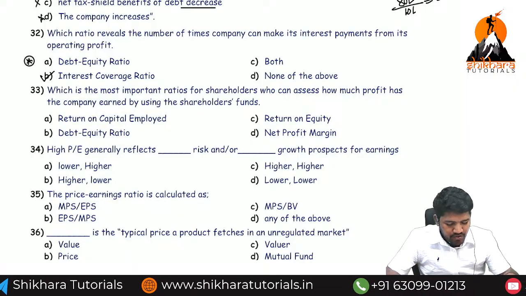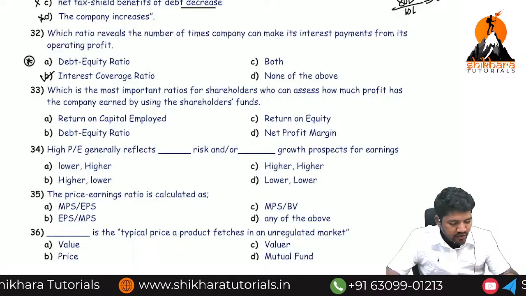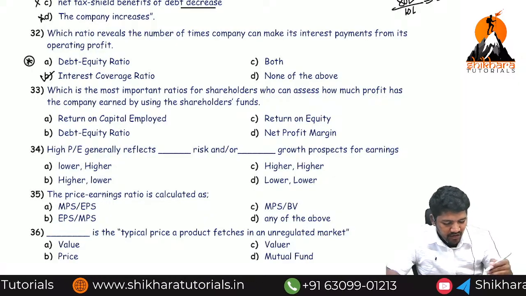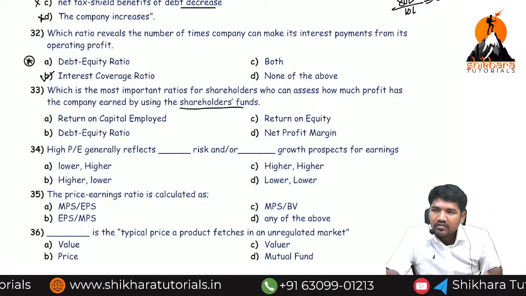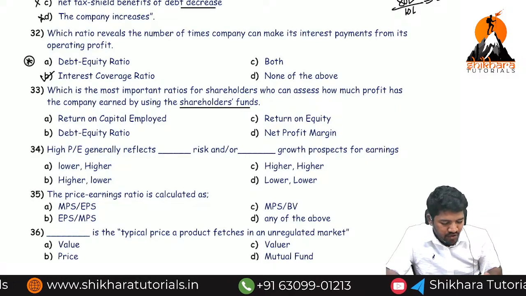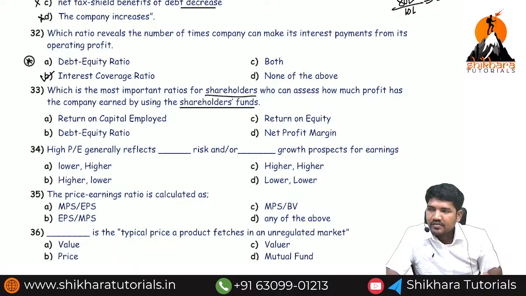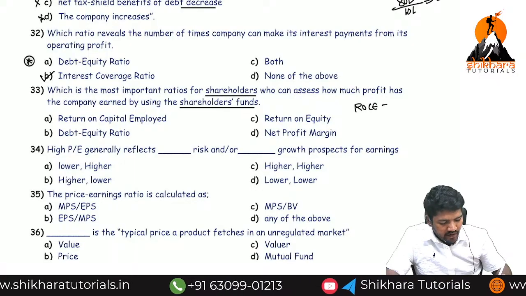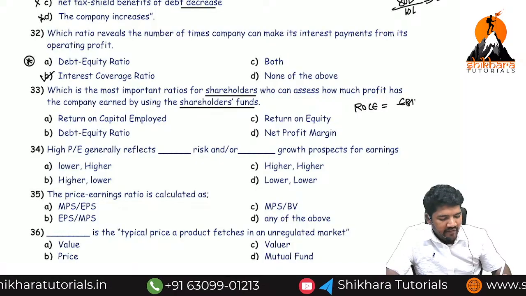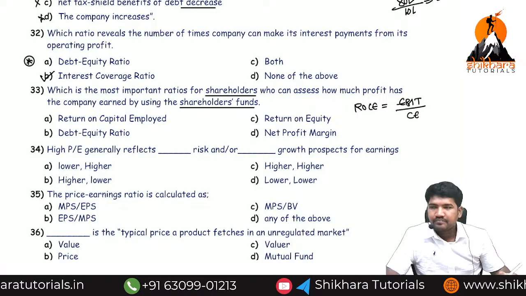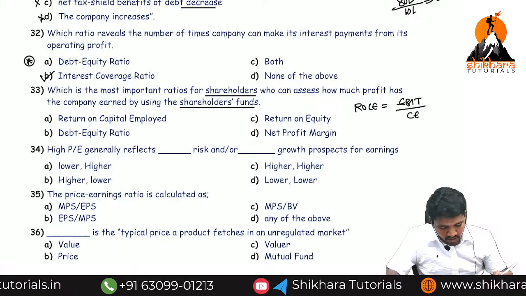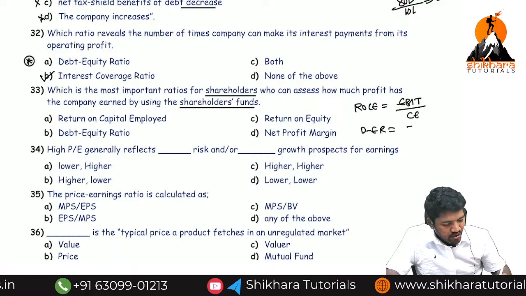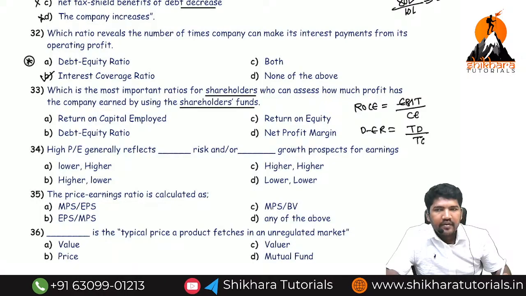Which is the most important ratio for shareholders, to assess how much profit the company has earned by using the shareholders' funds? Return on capital employed equals EBIT divided by capital employed. Debt equity ratio means total debt divided by total equity.